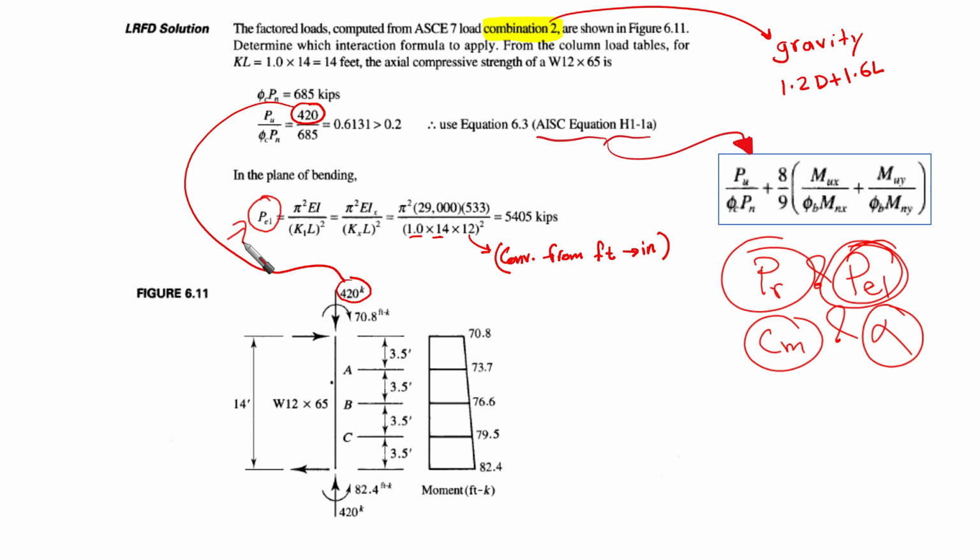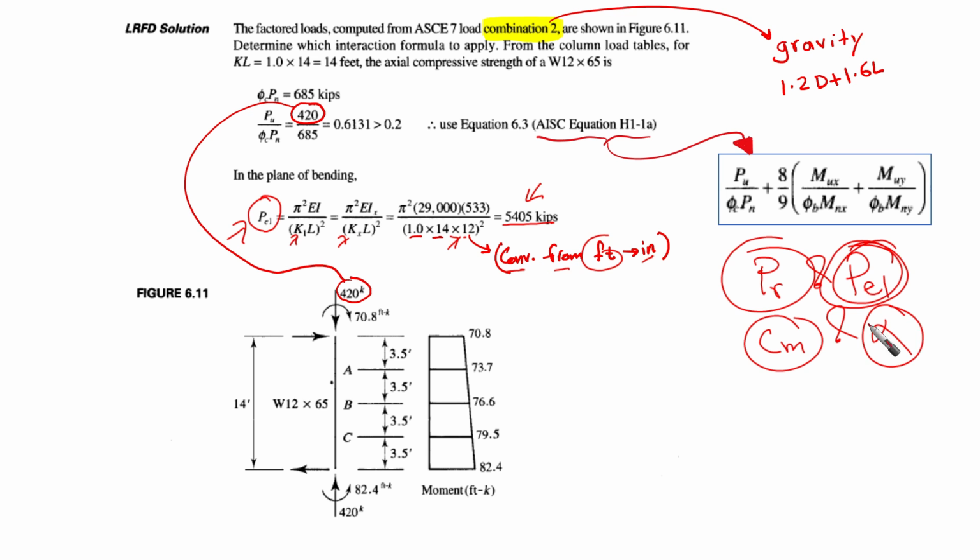Pi squared EI over K1L squared. K1, which is Kx or Ky, is 1 here. And we are going to multiply by 12 because we are converting from feet to inches. When you calculate this, you are going to find that it gives you this value, 5,405 kips. This is Pe1.